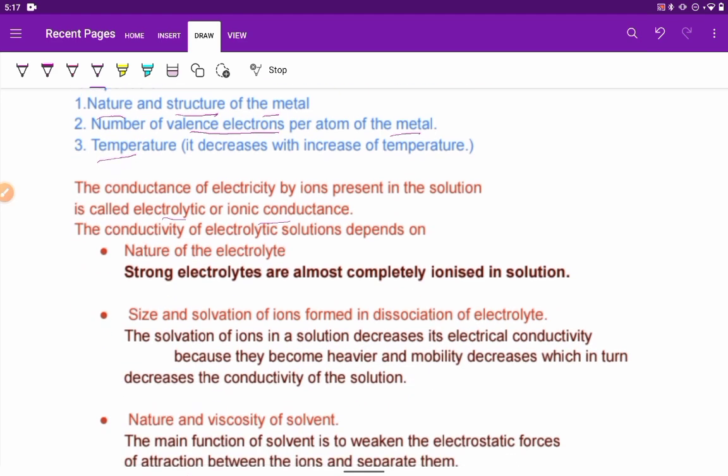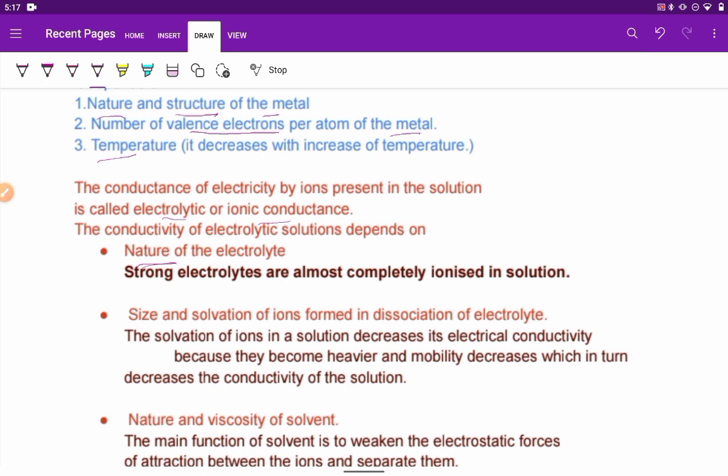In electrolytic solutions, the conductivity will depend first on the nature of the electrolyte. Stronger electrolytes almost completely get ionized in solution. If ionization is almost complete, we call them strong electrolytes. So nature will decide the conductance.